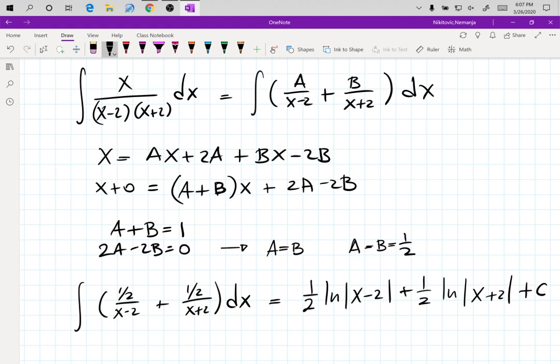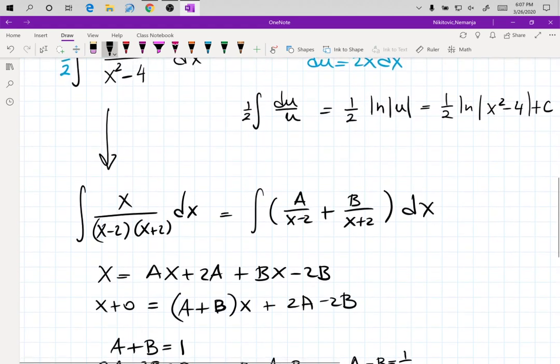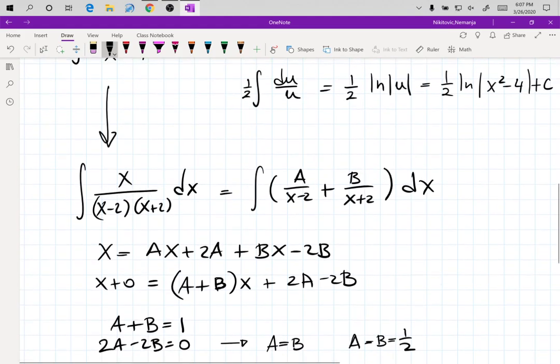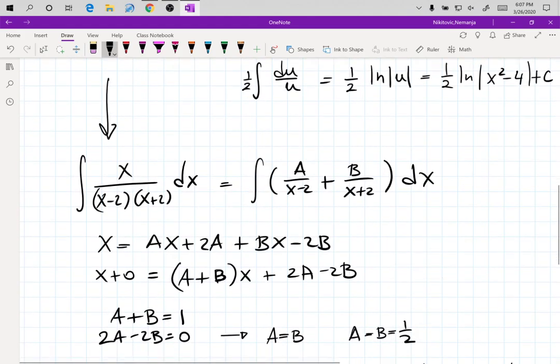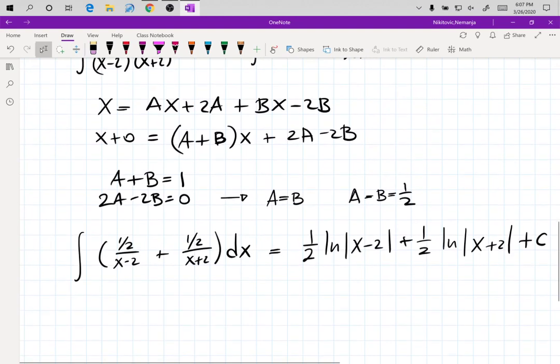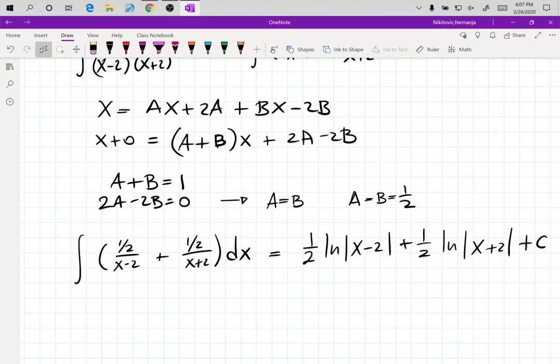Now you might say, well, hold on, that doesn't look like my answer from above. Yes, it does. If you factor out 1/2 and combine ln's into a single ln, you get exactly the same answer.